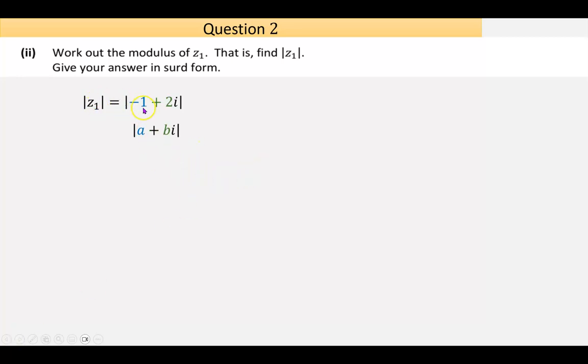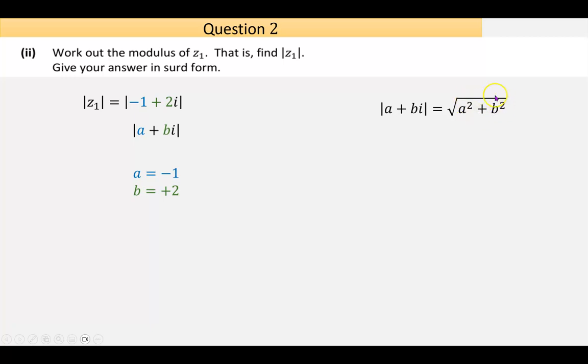A complex number can be described as the real part, which we're going to call A, and the imaginary part, which is the number in front of the i, which is +2. So my A value is -1, my B value is +2, and that's useful for the modulus formula, which is effectively Pythagoras' theorem with the square of the hypotenuse brought across.